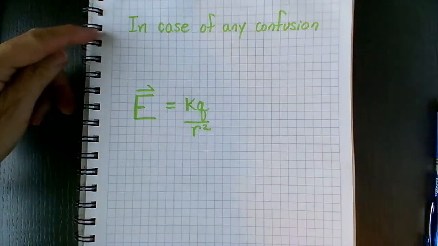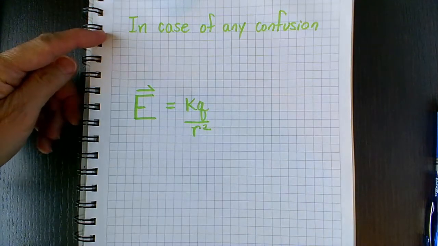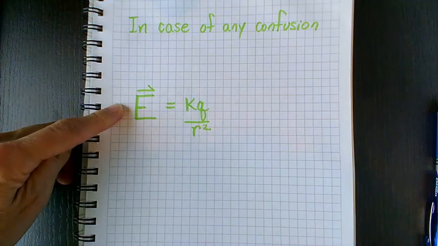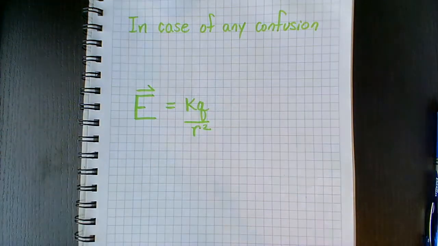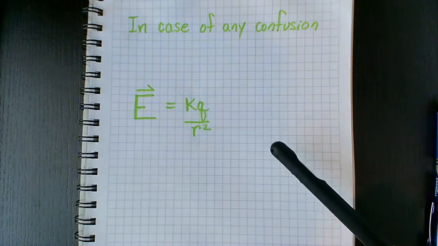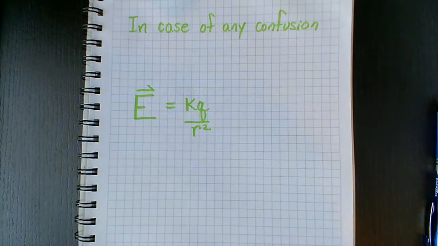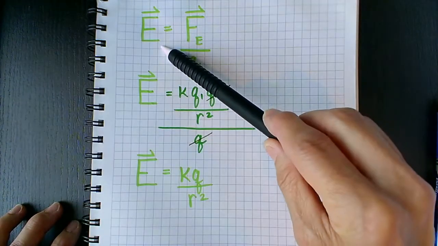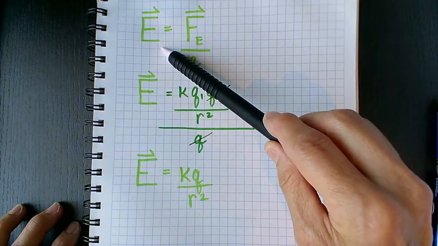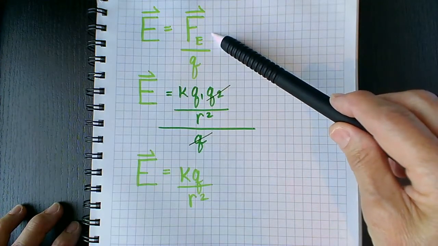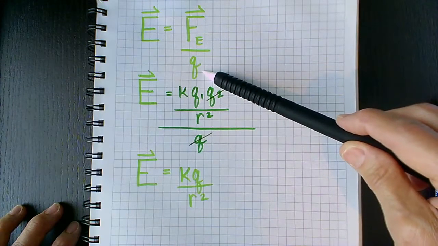Now, just in case there's any confusion at all, I want to make clear that the electric field strength can be expressed as kq over r squared. And we derive this equation from equation number 2 on the AP equation sheet. So deriving this equation, we have the magnitude of the electric field, or the electric field strength, is equal to the electric force, the electrostatic force, divided by the charge.